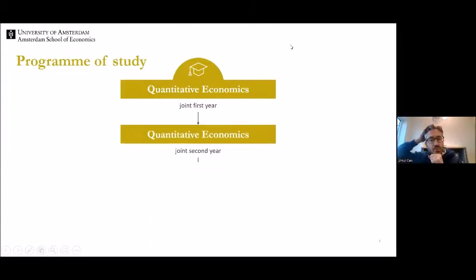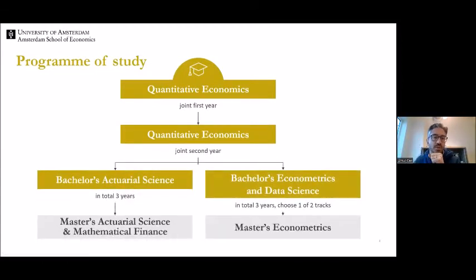Okay, so focusing on the program at UvA. So as I said, you start with a joint first year. Joint means both actuarial science and econometrics and data science students. They all follow the same courses in the first year and in the second year as well. So already at the end of the second year, you will start making some choices depending on how you want to proceed.